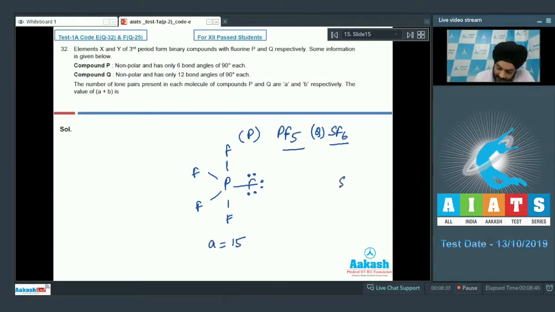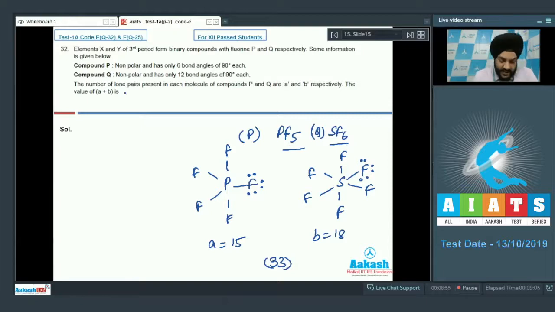Whereas if we talk about SF6, in a similar fashion, there will be no lone pairs of electrons over sulfur, whereas each fluorine will have 3 lone pairs. So B will be equal to 18. The sum of A plus B has to be reported as 33. So students, the answer to this question is 33.